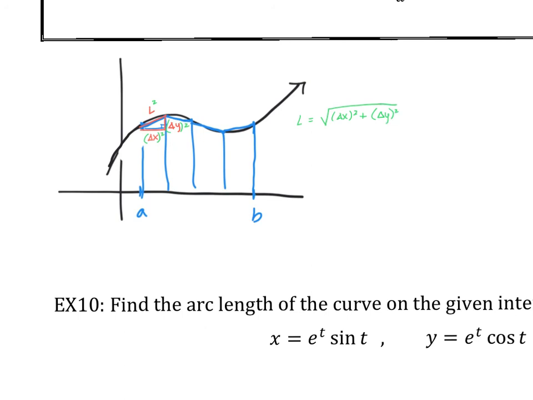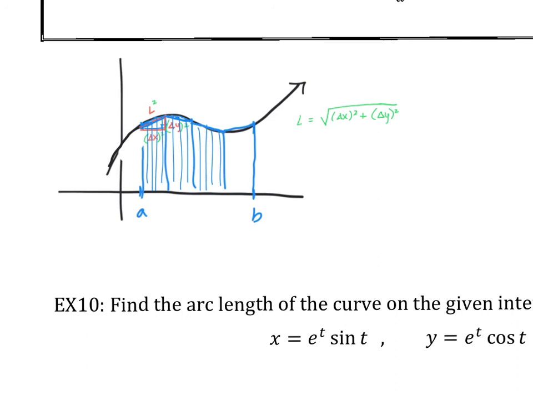Now remember, this is an integral. The strategy here is to take our limits and start partitioning these into smaller and smaller pieces. So this becomes a more accurate estimation of the length, and as those partitions get tinier and tinier, we actually do get the length.